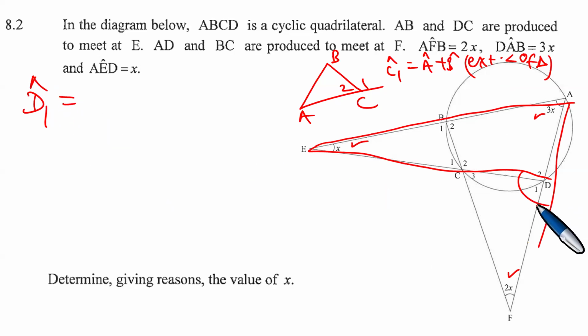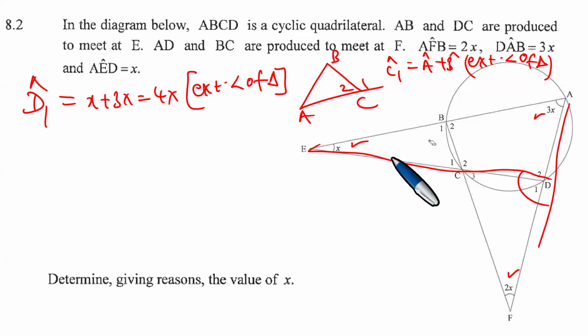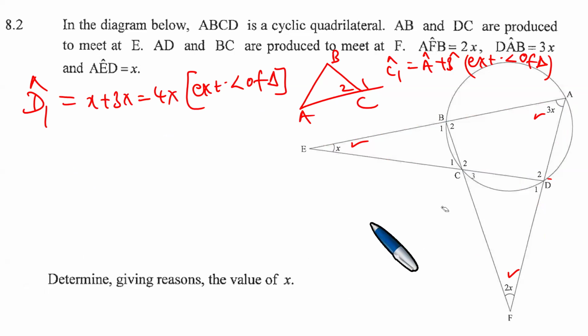This is an exterior angle of the triangle, so the angle D1 is equal to x plus 3x, which is equal to 4x. Why? Exterior angle of triangle.